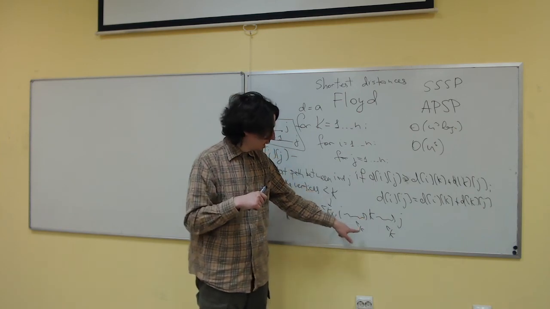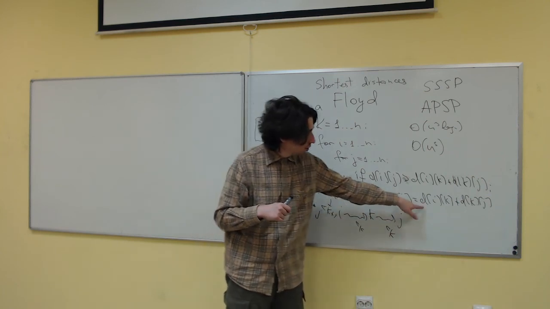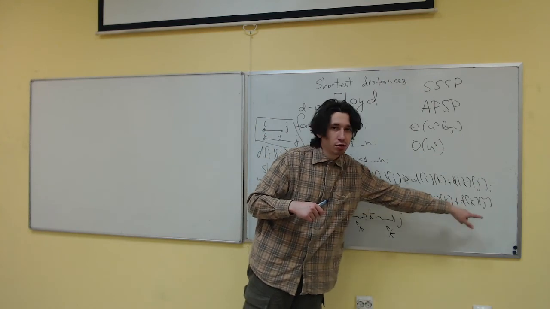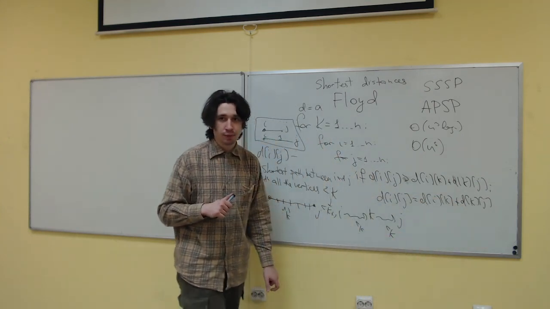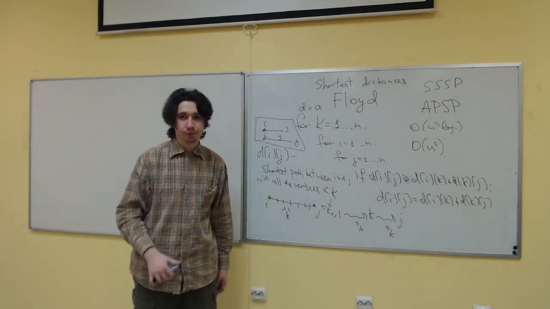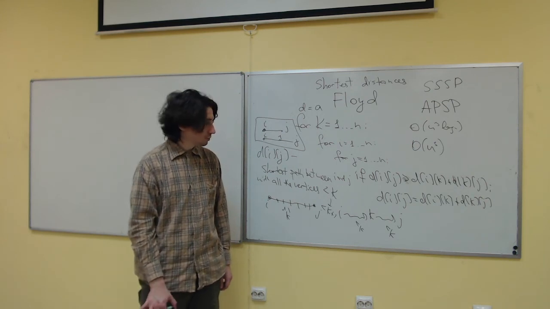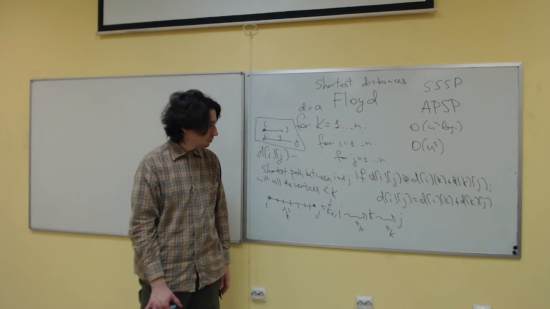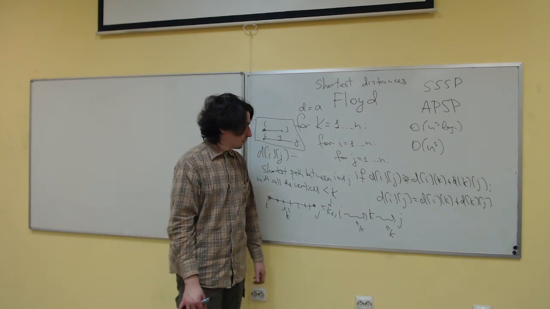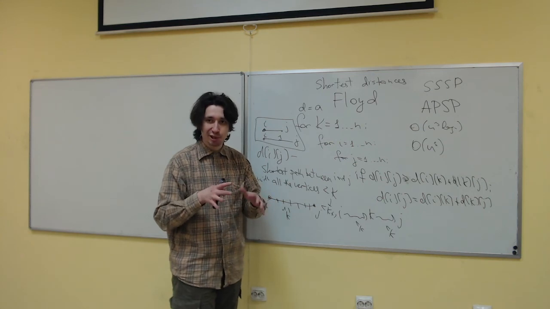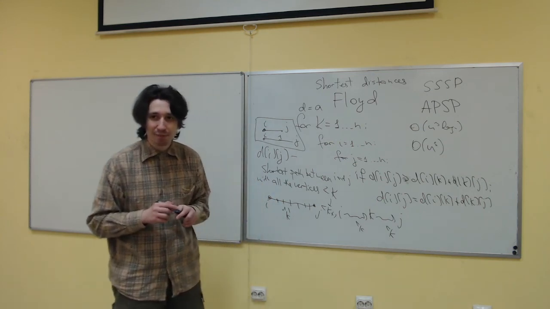That is why we can use the pre-calculated dynamic programming that will give the distance from i to k and from k to j. Okay. Yeah, so the algorithm is pretty simple, but it's a little bit complicated to understand what's happening behind this.